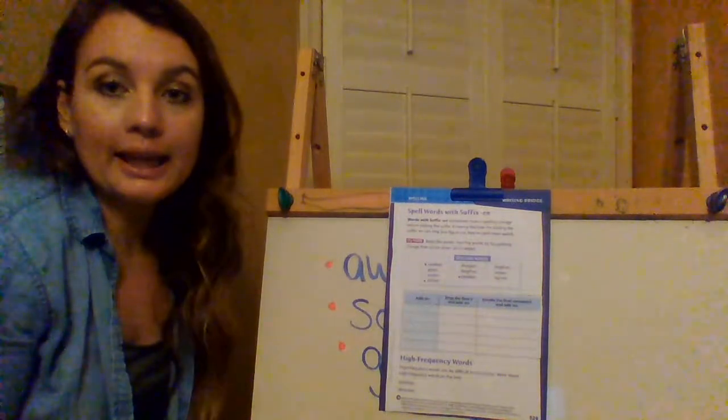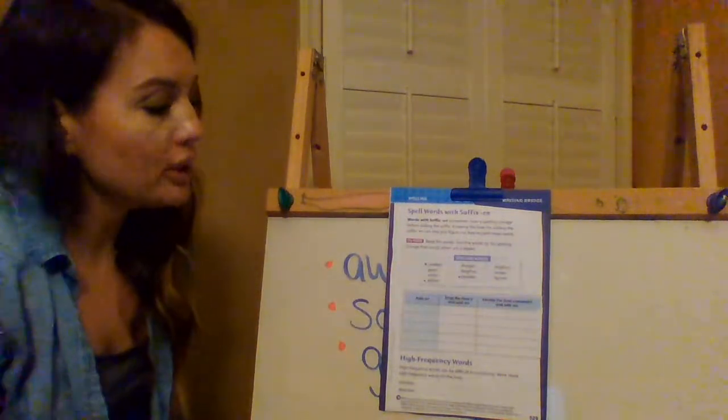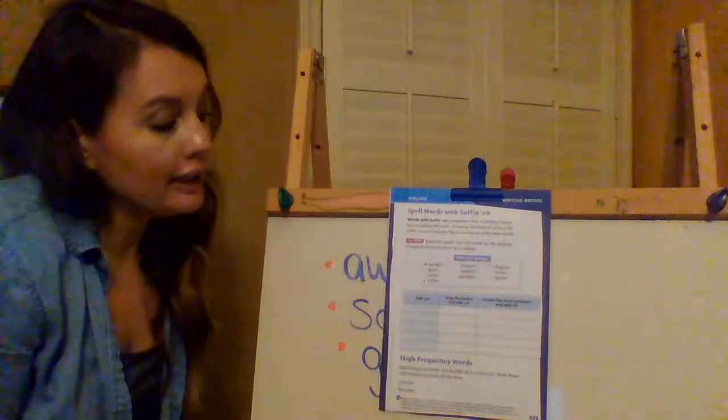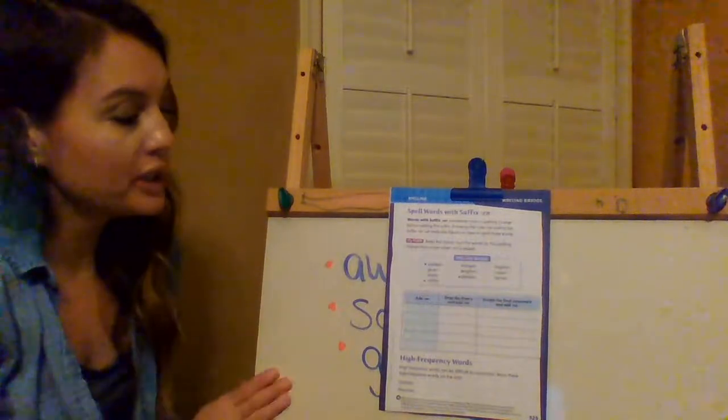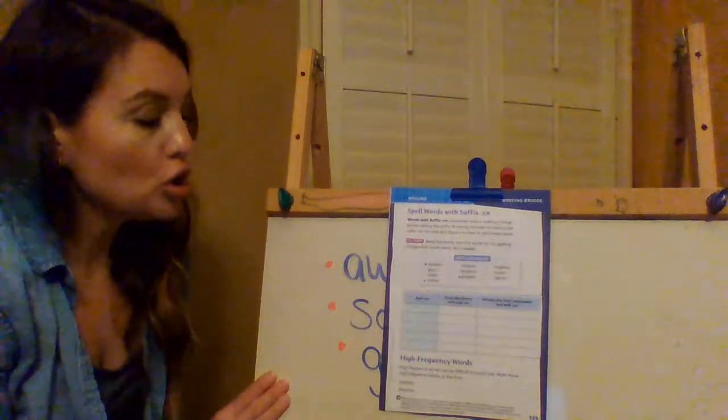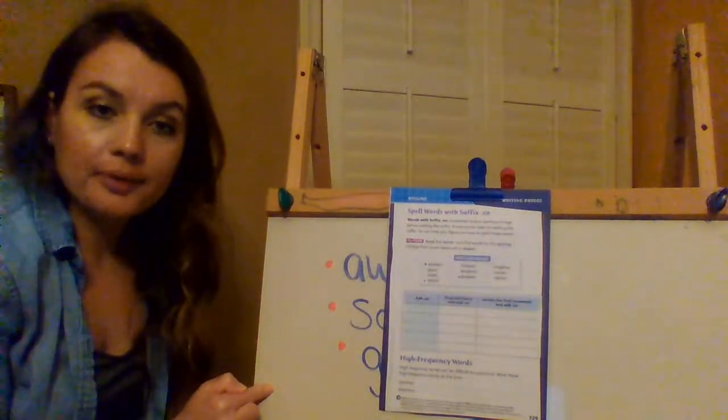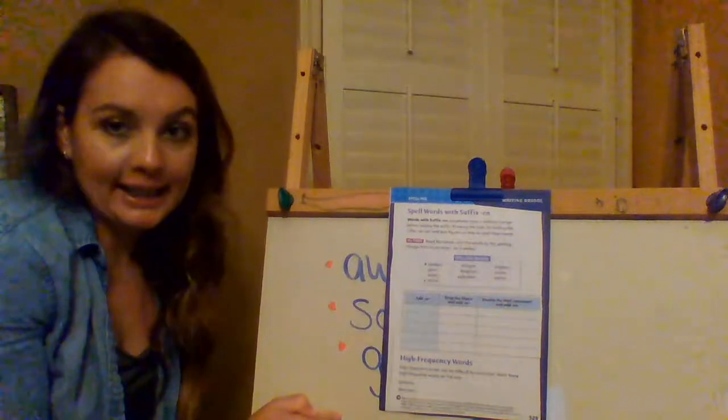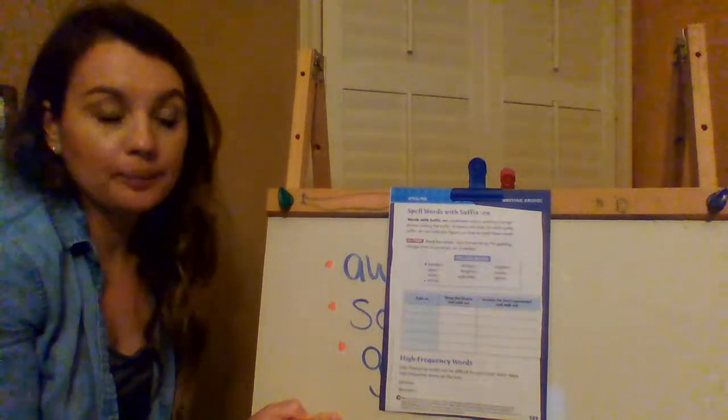So awaken, we already know that we had to drop the e and add en. What about given? On given also, what do we have to do? The base word is give, so we have to drop the e on that one and add en because it already ends with e.